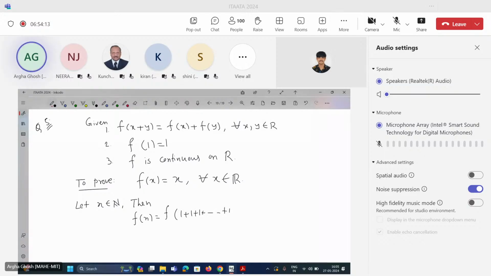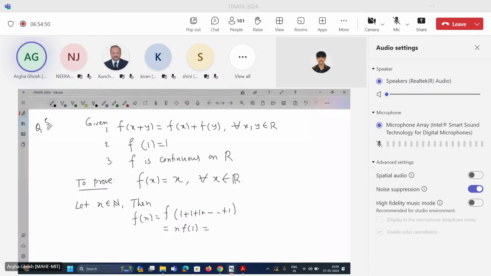Then using the additive property of f, it's f of 1 plus f of 1 plus f of 1, which is nothing but n into f of 1. By the way, f of 1 is 1, so this is n. So f of n is n if n is a natural number.